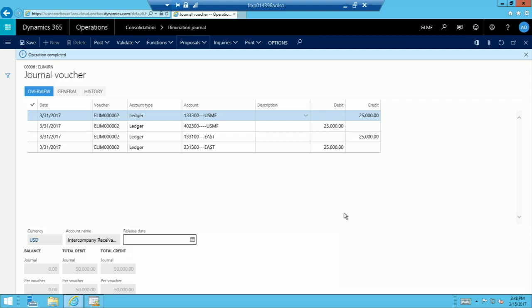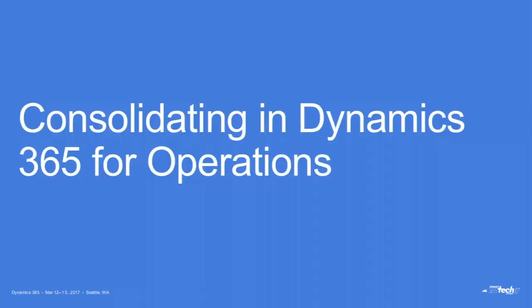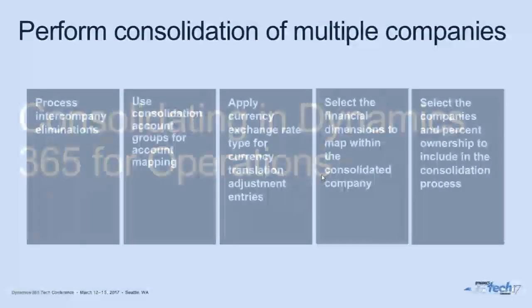So those are two ways to get around it. They're not ideal. It's not a great solution with heavy currency translation, but those are our two options. So if I was okay, I could go ahead and post this, and then I would have my eliminations posted. So that is the consolidations in Dynamics.